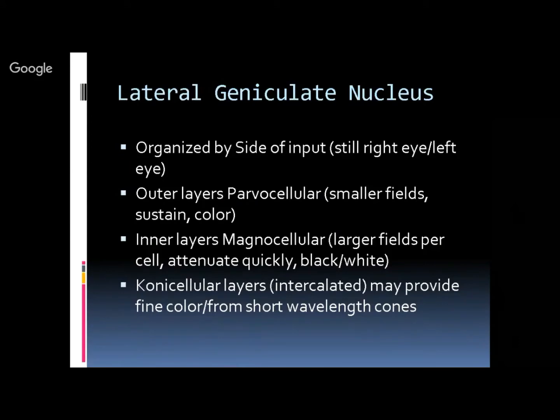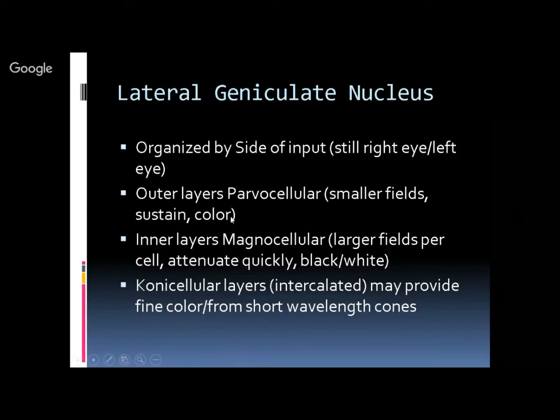Okay, the lateral geniculate nucleus is organized by side of input, so there's still a right and left eye input into each part of the lateral geniculate nucleus, and then the output layers, I think, start to fuse at that point. The outer layers are the parvocellular layers, the smaller fields, and they sustain impulse. So if you stimulate, you'll get a continuous signal. It doesn't attenuate so much.